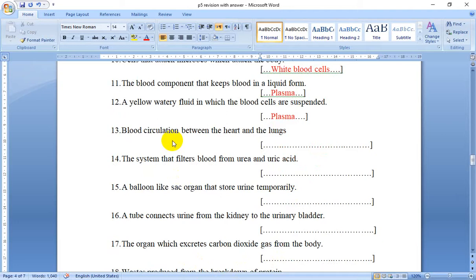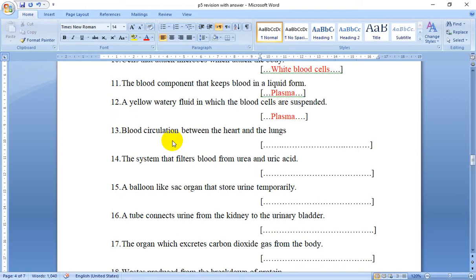13, blood circulation between the heart and the lungs. You know we have two types of blood circulation, the minor or pulmonary blood circulation and major or systemic blood circulation. Between heart and lungs, so this is minor or pulmonary blood circulation.